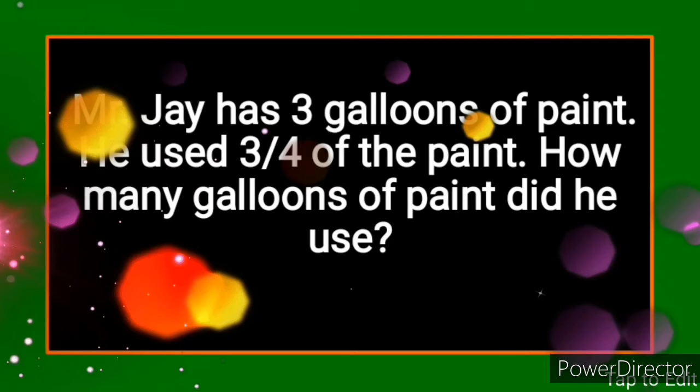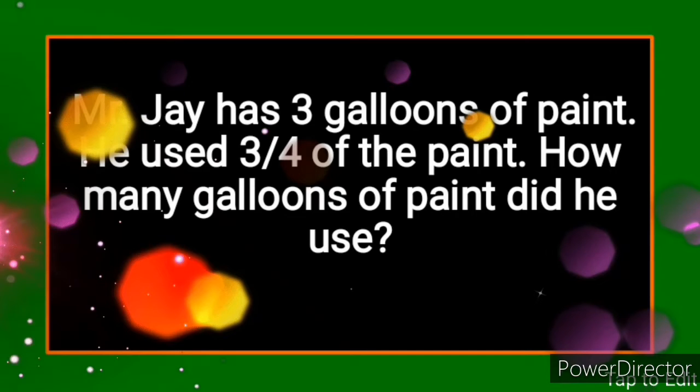Yes, take note that 3 is the whole number and 3/4 is the fraction. So, whole number and fraction. So, the operation that we are going to use is the multiplication. So, multiplication plus whole number and fraction is multiplication of fraction and whole number.